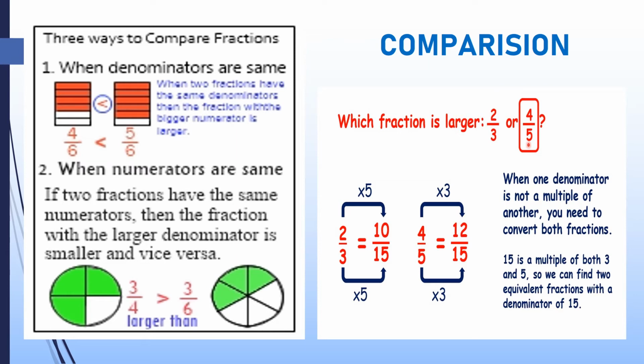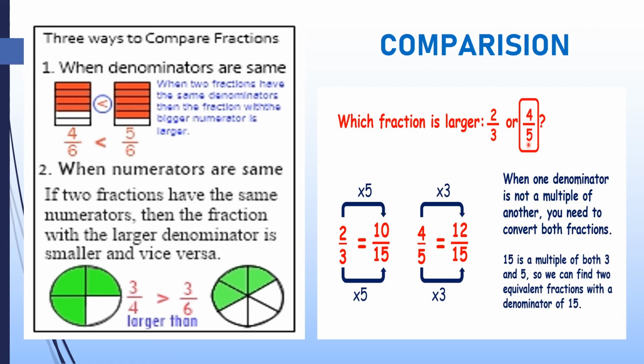Now let us discuss the third case. Here you can see the fractions 2 by 3 and 4 by 5, which is greater? In this case, the numerator and denominator are different. So in such a case you have to make the denominators same. So how can you make the denominator same? By multiplying with some number, and whatever number you multiply the denominator with, you multiply the numerator also by the same number.